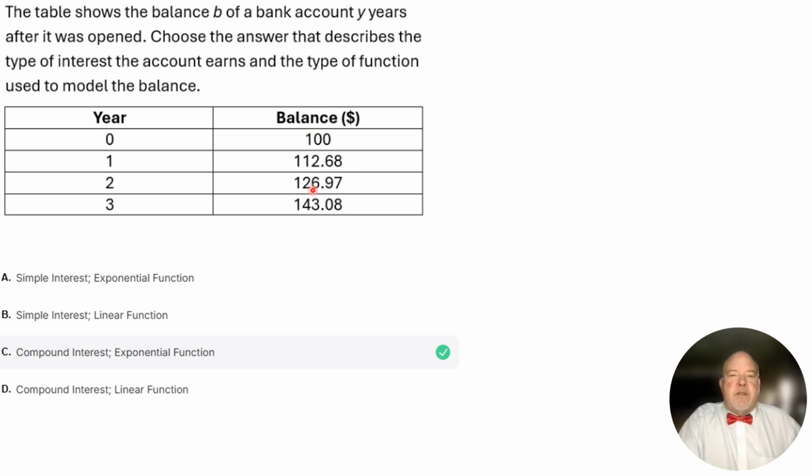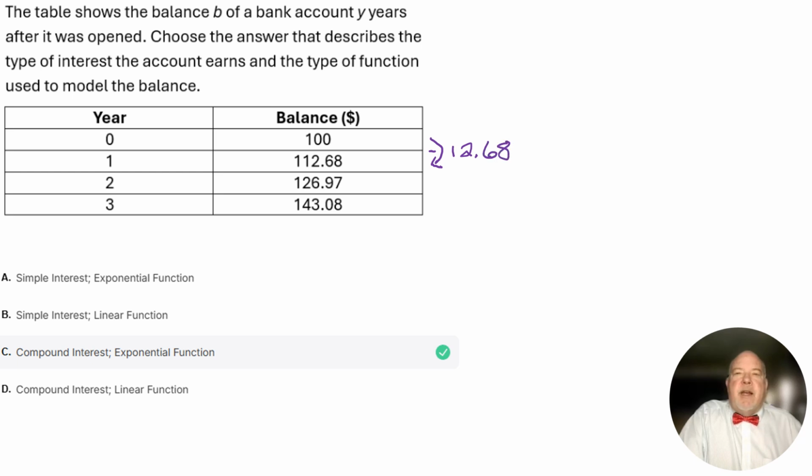Let's first check to see if they're linear. To check for that, I'm going to take these values and subtract them to find the difference. On this one, I get 12.68.